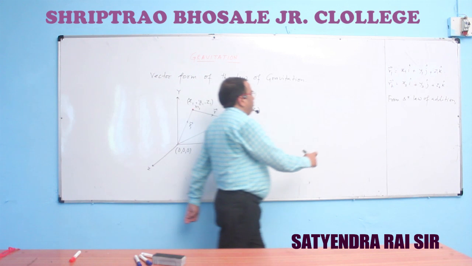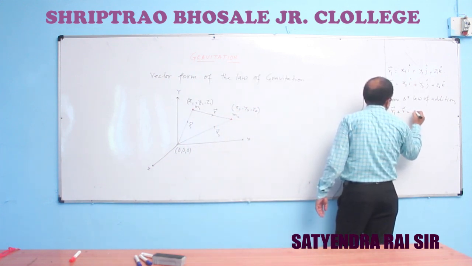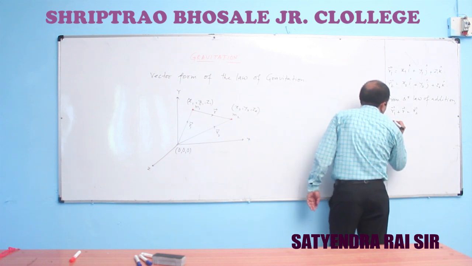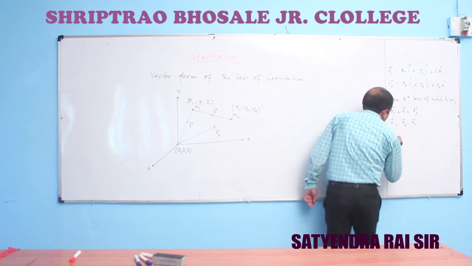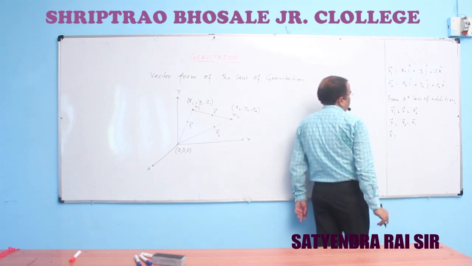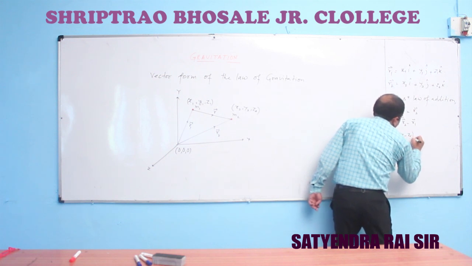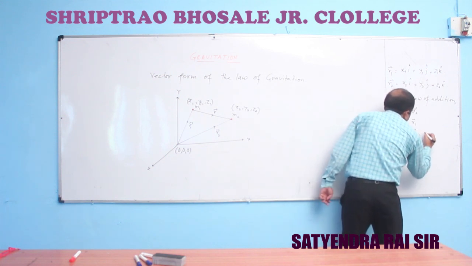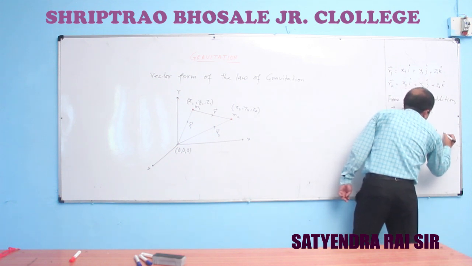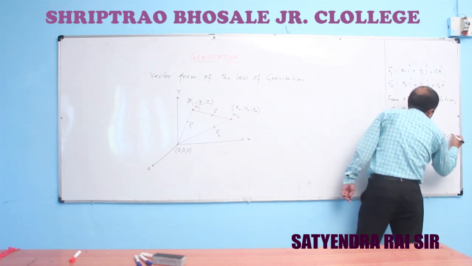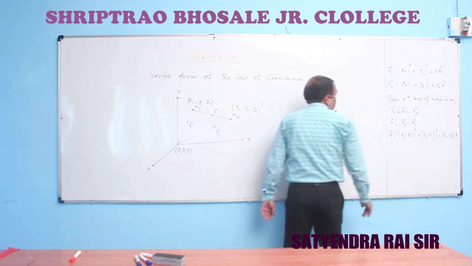So R1 plus R is equal to R2, or R is R2 minus R1, which can be written as (x2 minus x1) i cap plus (y2 minus y1) j cap plus (z2 minus z1) k cap. That is R.